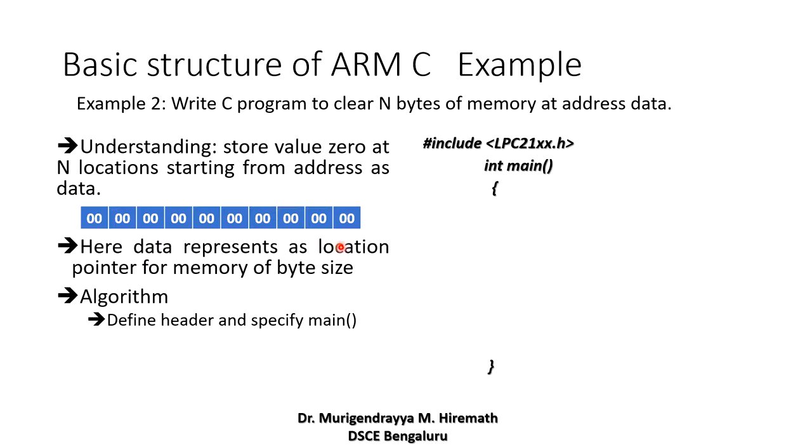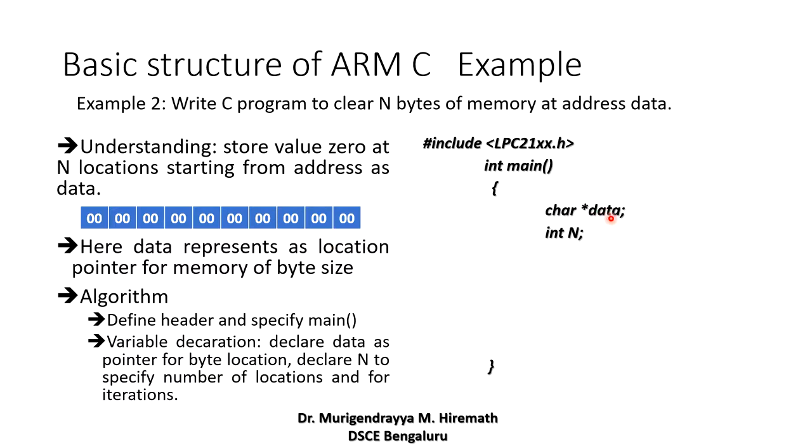So we have to write the pointer, the data is a pointer for the location of the size 8 bit. That's why we have to specify the character type data. Here we have to store 0 to the location, and after storing the value to the location which is pointed by the data, that pointer has to be incremented.